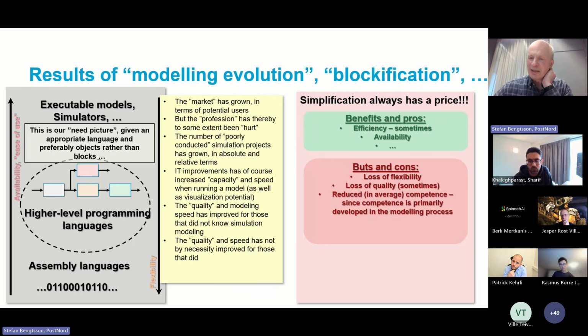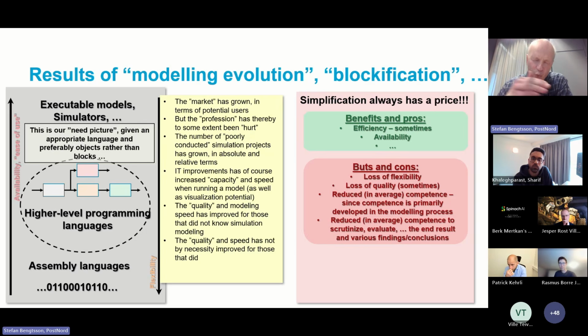You will, in average at least, get reduced competence, because the more simple you make something, the less you will learn in the process of doing whatever you're doing. And if you lose the competence in the process, you will also lose the competence to scrutinize the results of whatever you are working with.